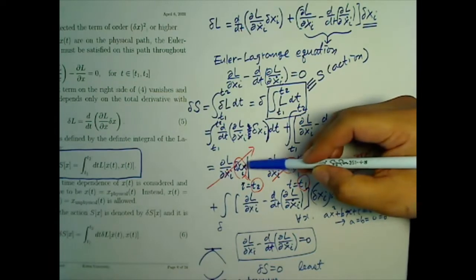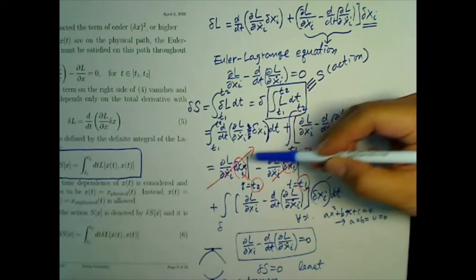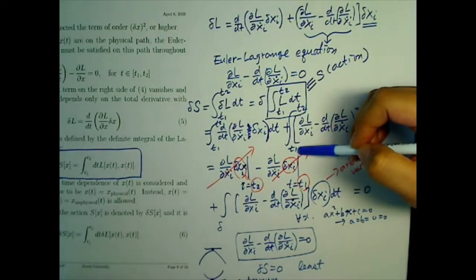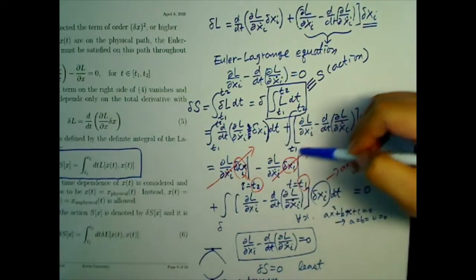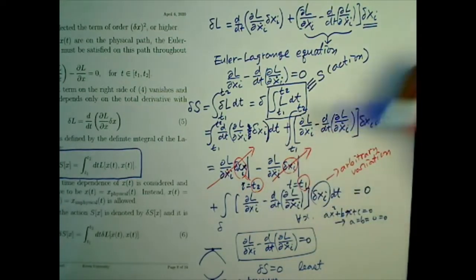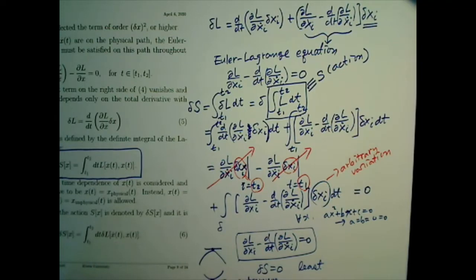We find that the variation at the end points must vanish. That was our requirement. So this one vanishes, and the only integral is this one. All right. Our Euler-Lagrange equation is that everything is zero.